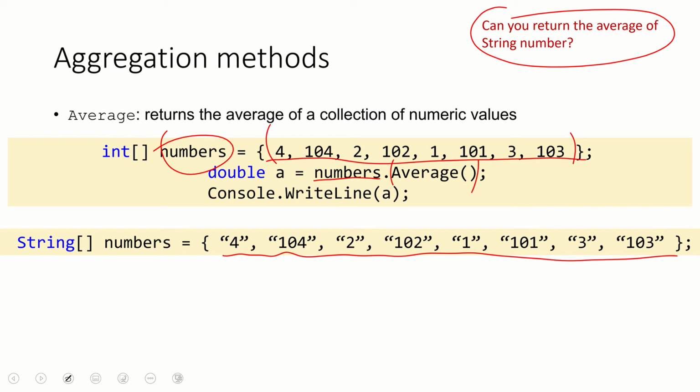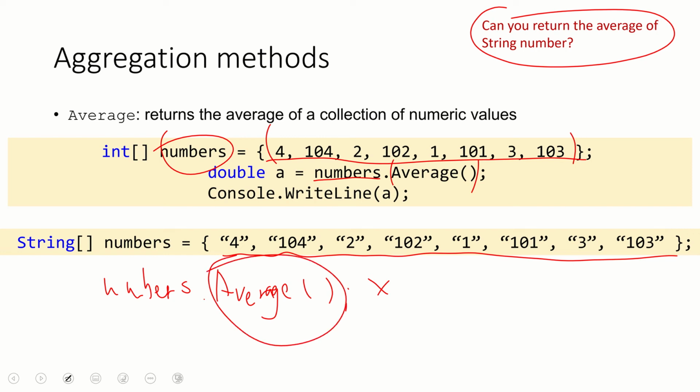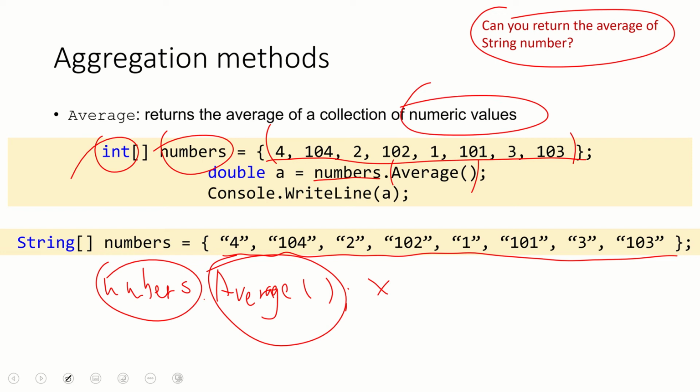Can we just use the array dot average? The answer is no, because for the average, the only thing you have to make sure of is that the elements are numbers.